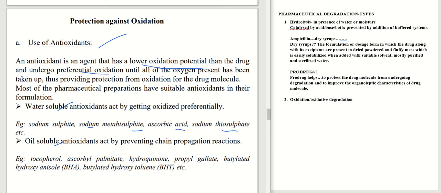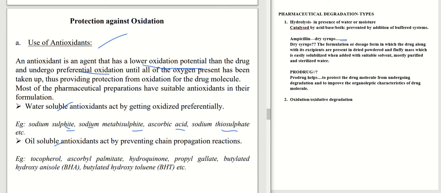Make sure to remember it is sodium sulfite. Sulfate is different, sulfite is different, sulfide is different. All the ites and ates differ in their number of electrons. So it is always necessary to know the compound correctly.